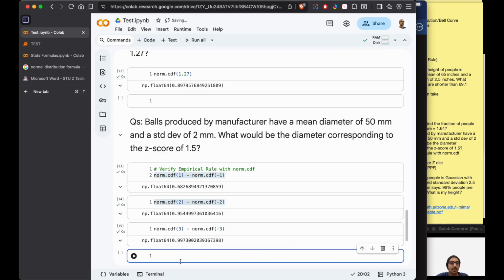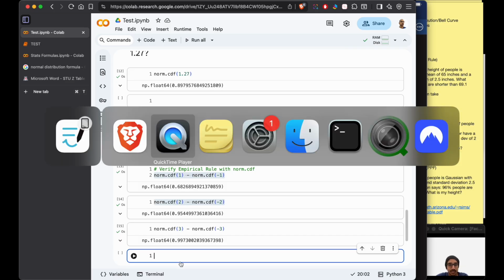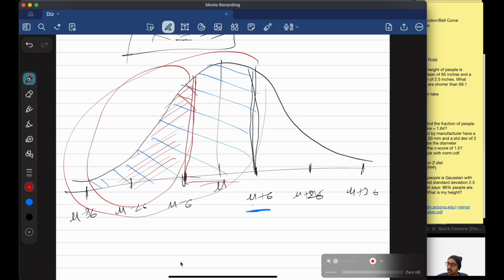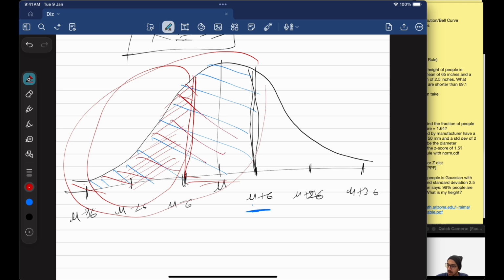So basically, I hope that was clear. We are removing. So CDF is everything from until that point, right? The definition of CDF is to get the cumulative probabilities. We sum the cumulative probabilities of all values less than or equal to that particular z-score value.